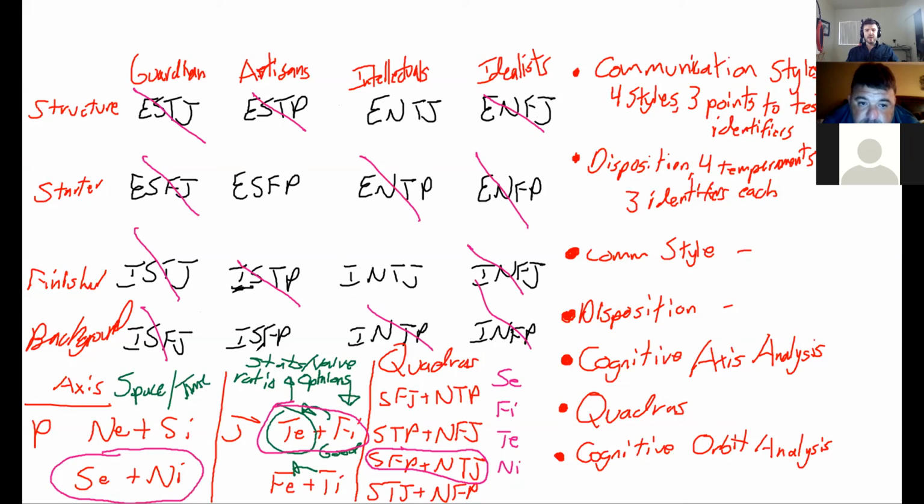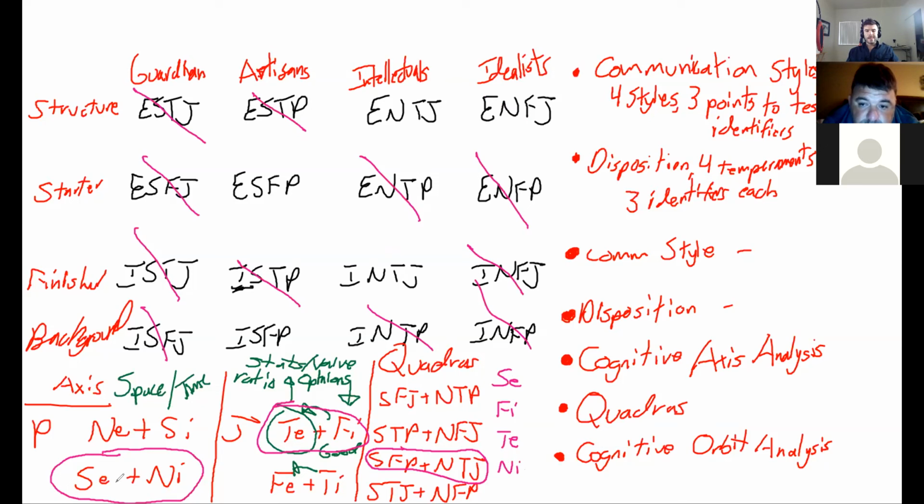We have 2 SFPs here and NTJs. SFP, NTJ, Quadra: all these people with these same functions showing up in the cognitive axes. This is how you use cognitive axis analysis combined with quadras to identify types.